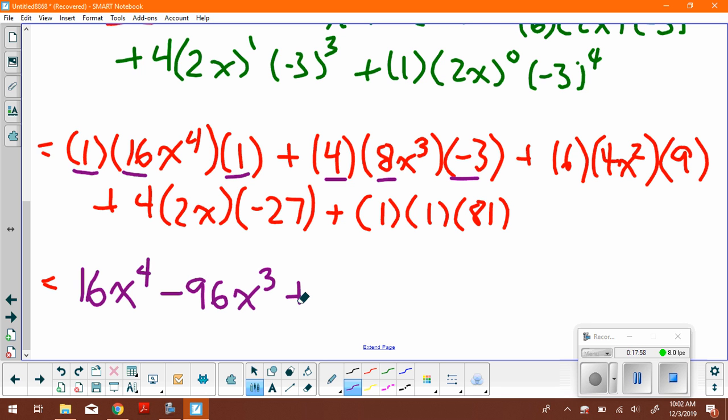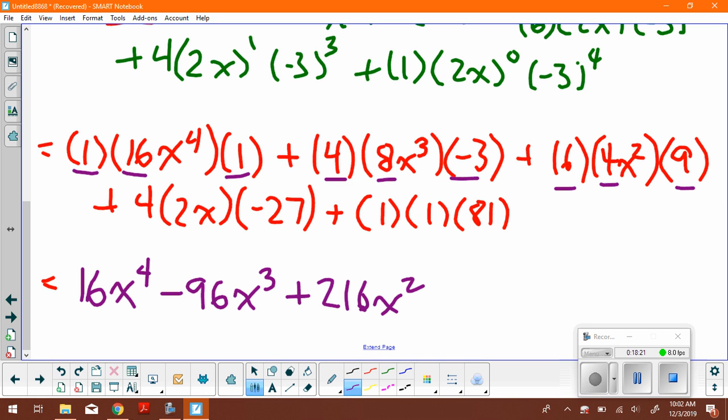Next term, I've got 6 times 4 times 9. That's 24 times 9, so it would be 240, take away 24, so 216 x squared.